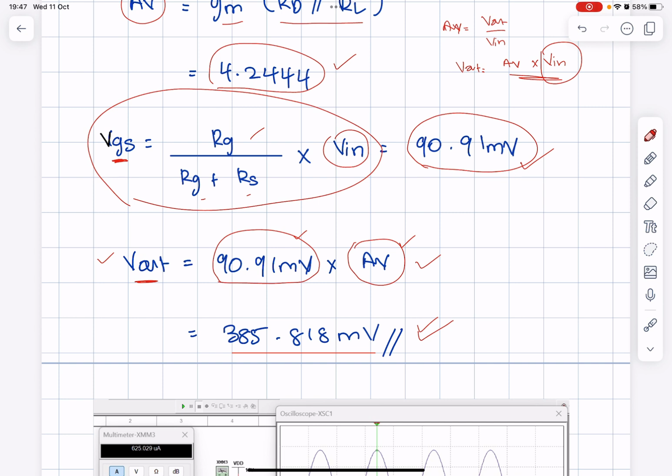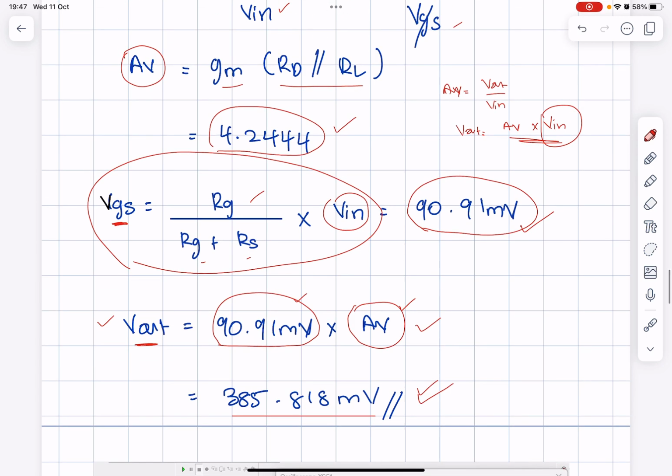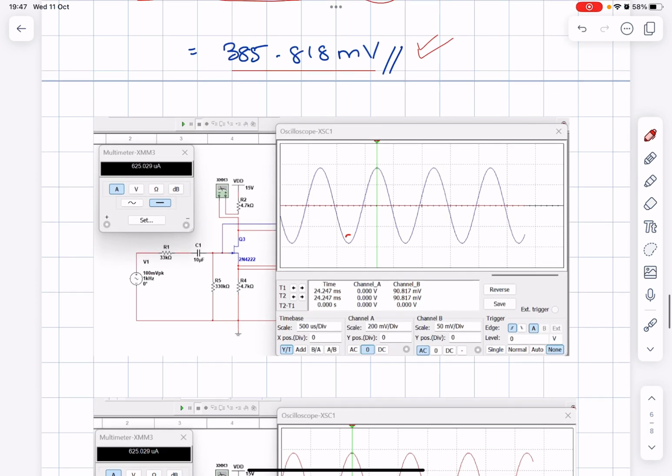Okay. So how do I prove again that my analysis is correct? You can use the Multisim simulation software or you can use the practical. So based on my calculation, the Vn here I already connected using the oscilloscope.